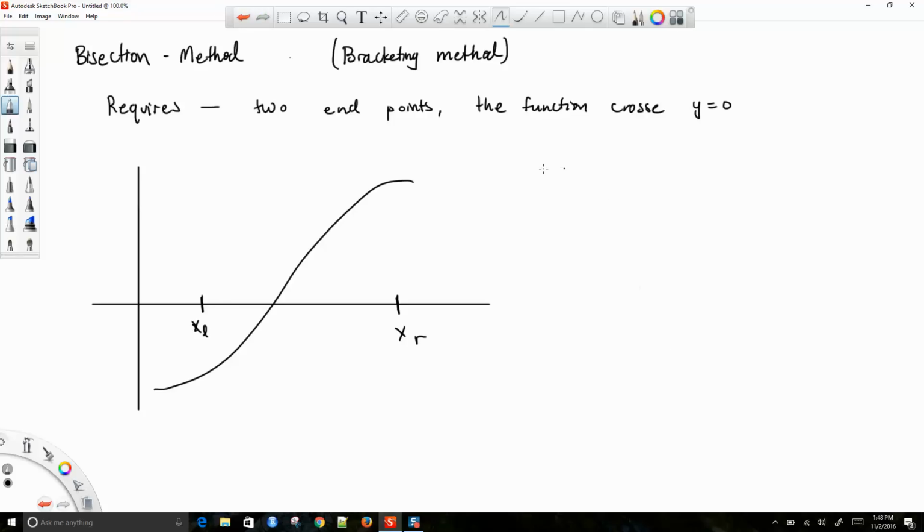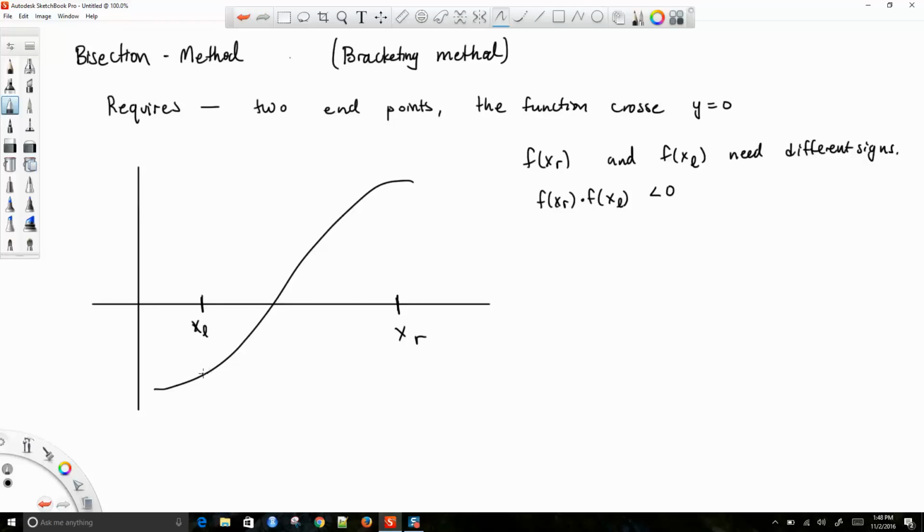And the requirement is that f of x on the right and f of x on the left need to have different signs. So basically you can just say f of x on the right times f of x on the left must be less than 0. Okay? And that's one way to make sure that they have different signs.